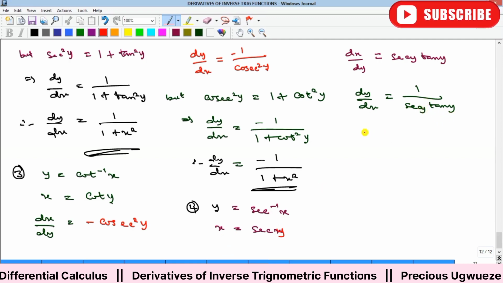But what of our tan? So you recall that over here, I said that sec squared y is equal to 1 plus tan squared y. So I can make tan the subject here so that I can then write it in terms of sec. So if I do that, I will get that tan squared y is equal to sec squared y minus 1.